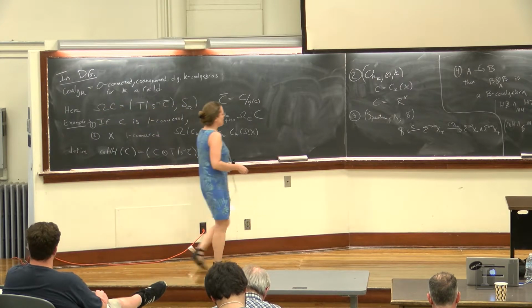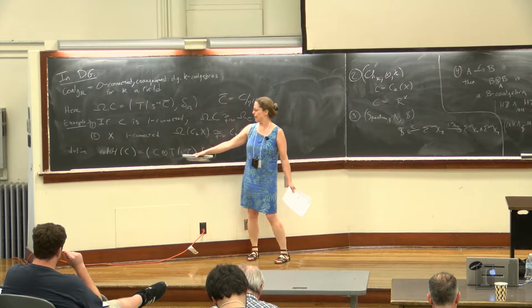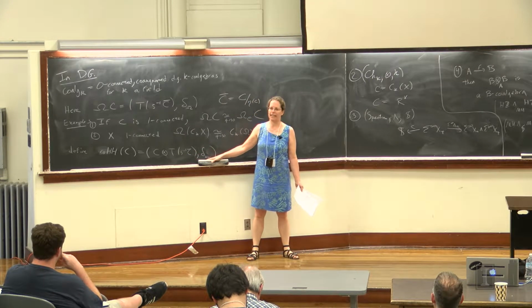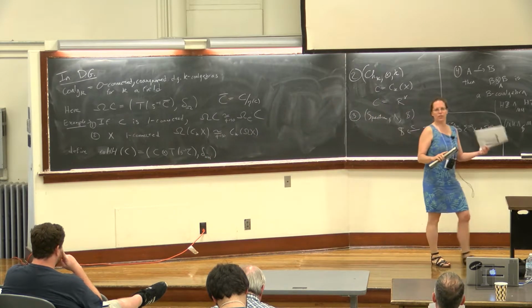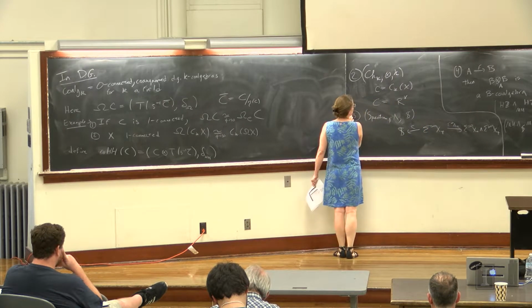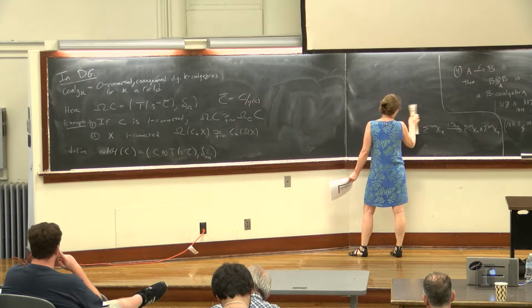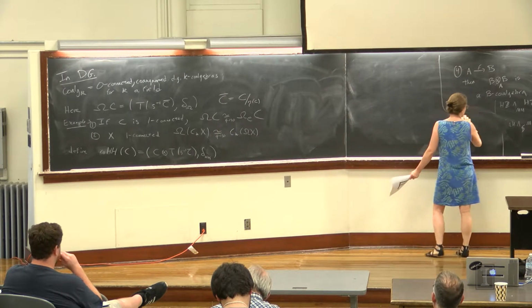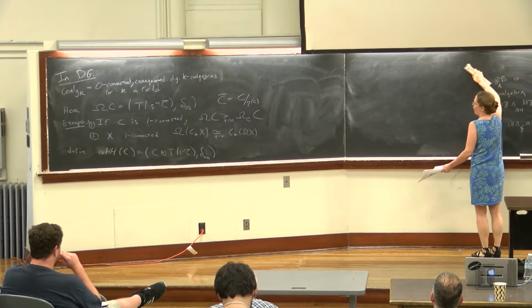Next, I want to develop some of the properties of co-Hochschild homology in the differential graded setting. Some of these properties are going to be similar to the properties that Hochschild homology has for differential graded algebras. Co-Hochschild homology has been considered by various authors before.